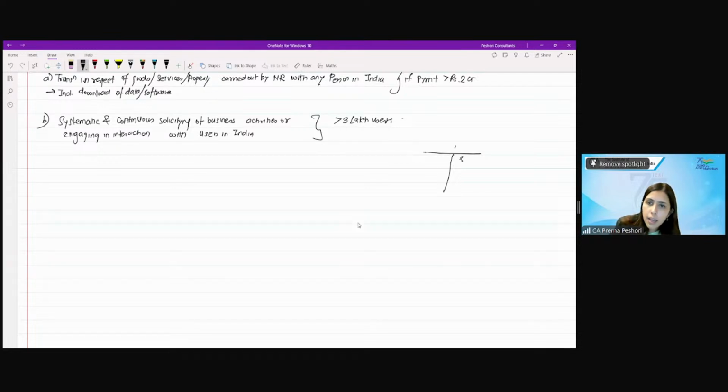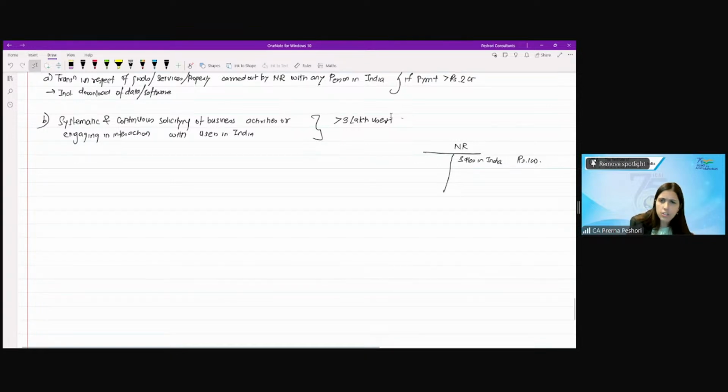Let's say I am a non-resident who has the sales in India of, let's say, rupees 100. Right? Now, will you tax entire 100 rupees because this non-resident has a business connection in India? The sales are generated from the activities carried out in India.